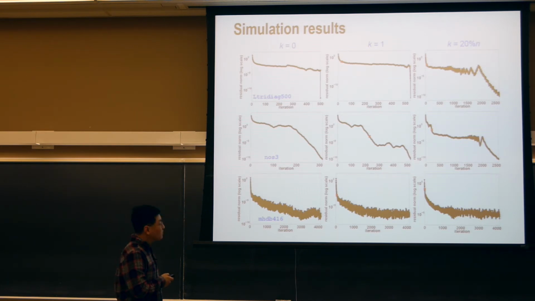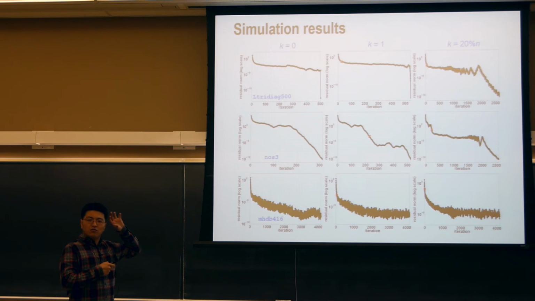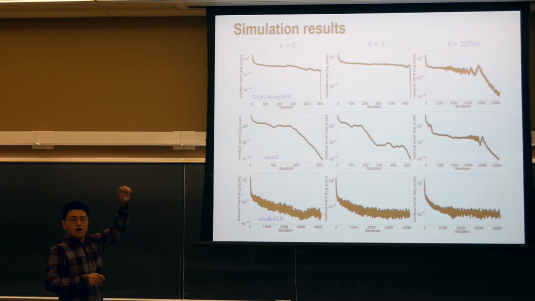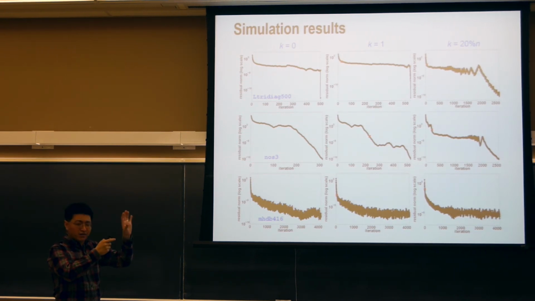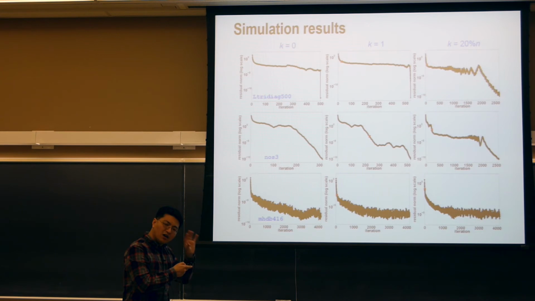I need to emphasize that the plots here show the residual norms measured on the augmented system or the surviving subsystem after some faults happen. So that's not the residual on the input raw system.